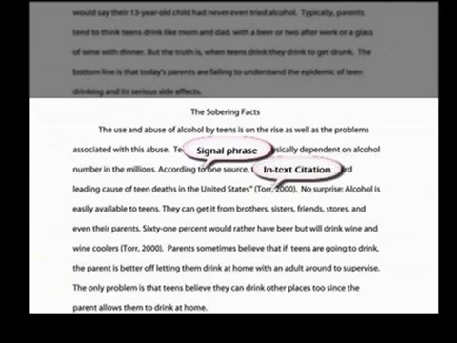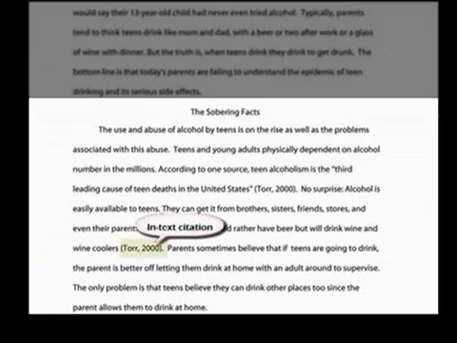Let's continue reading. No surprise, alcohol is easily available to teens. They can get it from brothers, sisters, friends, stores, and even their parents. Here's a fact. 61% would rather have beer but will drink wine and wine coolers. That was not a quote, but it was still information taken from a source, so it has to be in there. Tor, that in-text citation, Tor 2000.